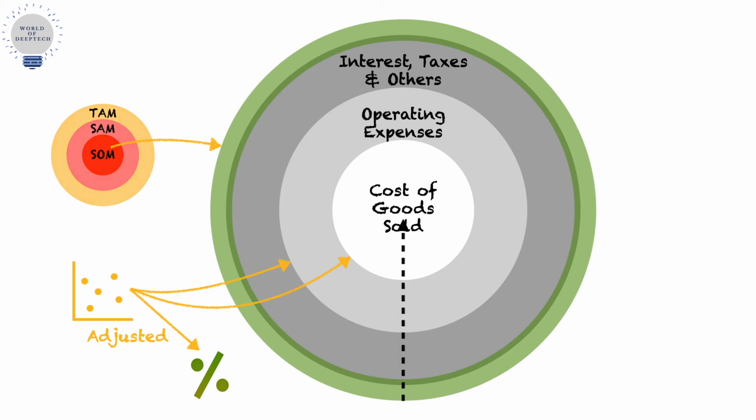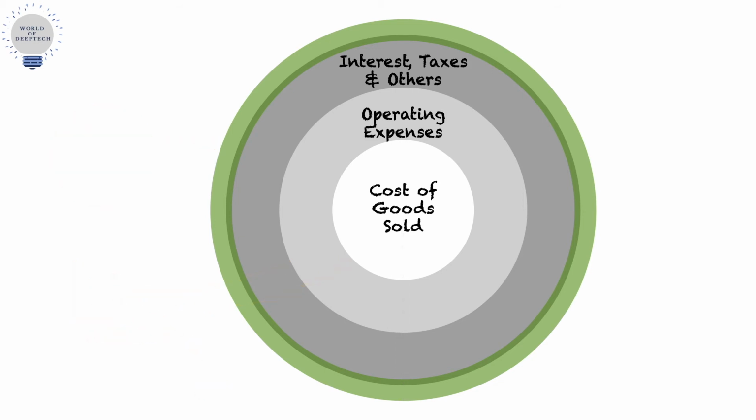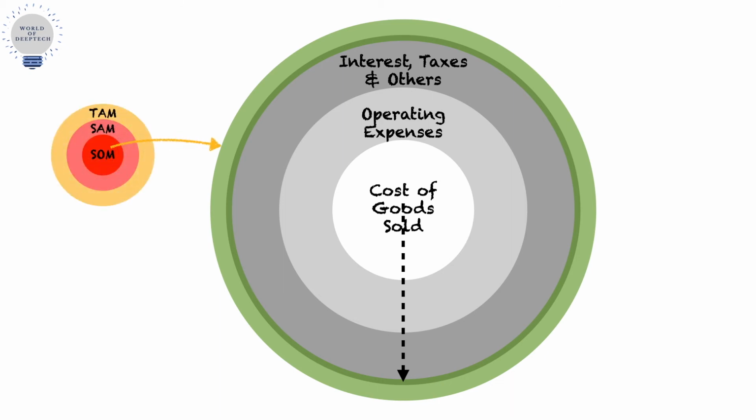The second approach is the bottom-up approach, where you start with your bill of materials, production capacity, and other direct and indirect expenses for the cost and estimate the revenue growth over the 3 to 5 year time horizon using the size of the serviceable obtainable market. The discount rate is calculated based on adjusted industry averages as discussed earlier.